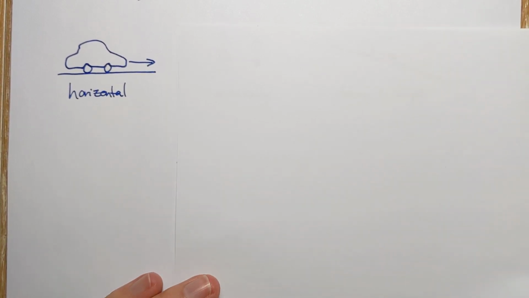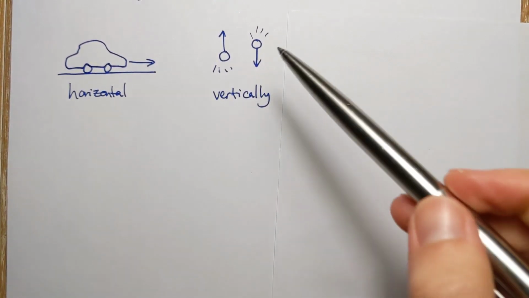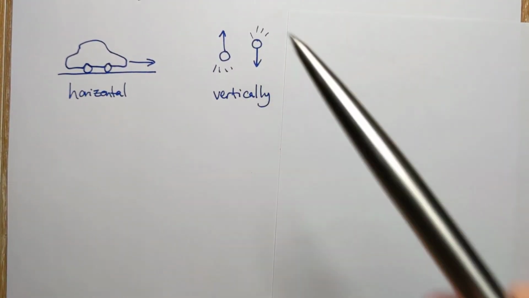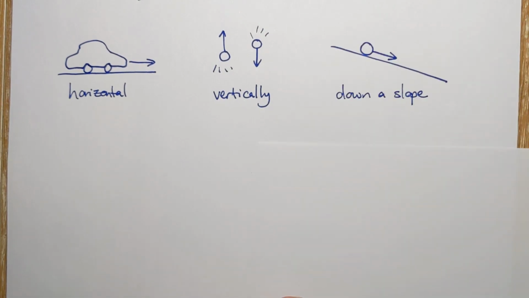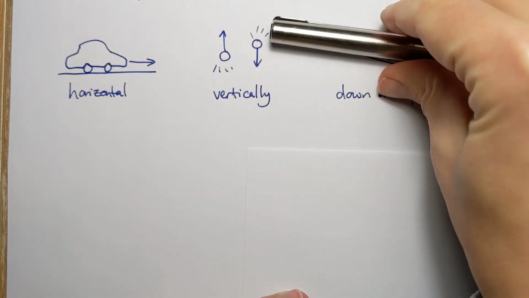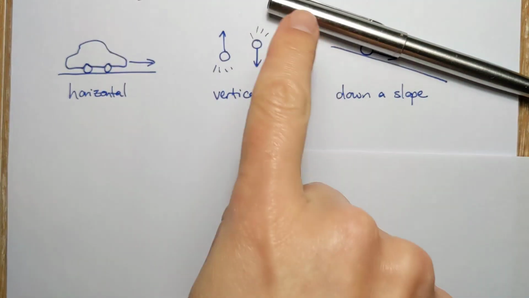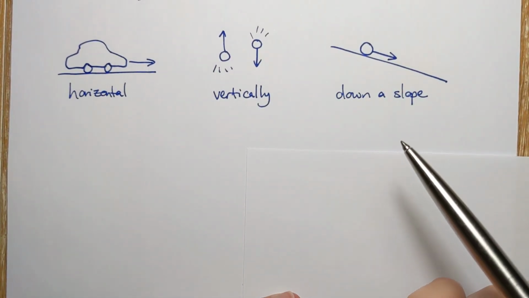Acceleration along a vertical line, that might be, for example, a fairground ride accelerating upwards with constant acceleration, or a tennis ball falling downwards with the acceleration of gravity. Or it could be acceleration down a slope. So there is your line. So it's acceleration in that direction. It doesn't matter as long as the acceleration is constant.